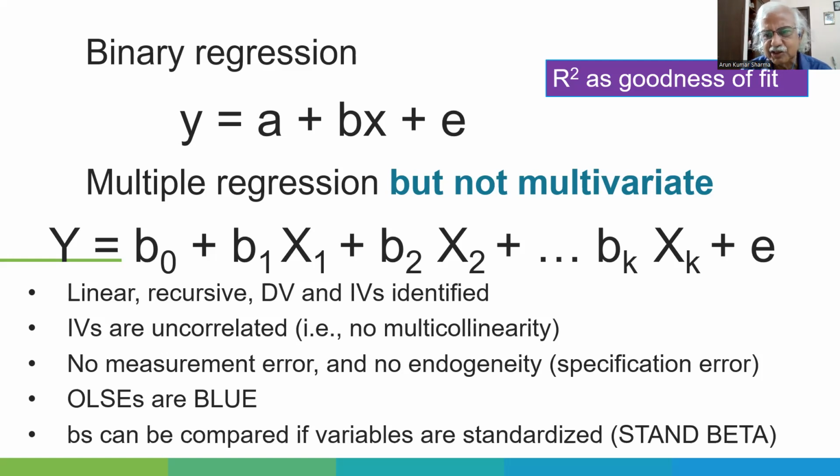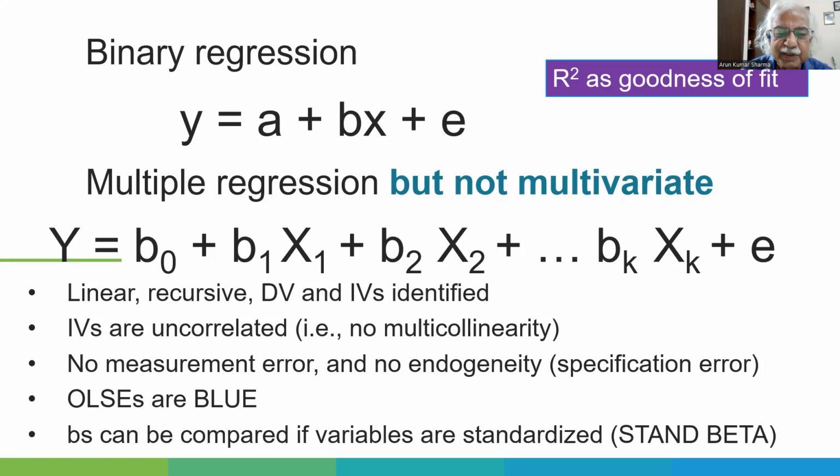Again, there are so many assumptions under which regression analysis works. Relationships are linear, they are recursive, meaning only x's affect y, y does not affect x. y is the dependent variable, x1, x2, xk are independent variables, and all the independent variables are uncorrelated. Meaning the correlation coefficient between x1 and x2 is 0, x2 and xk is 0, like that. All the correlations between pairs of explanatory variables are 0.